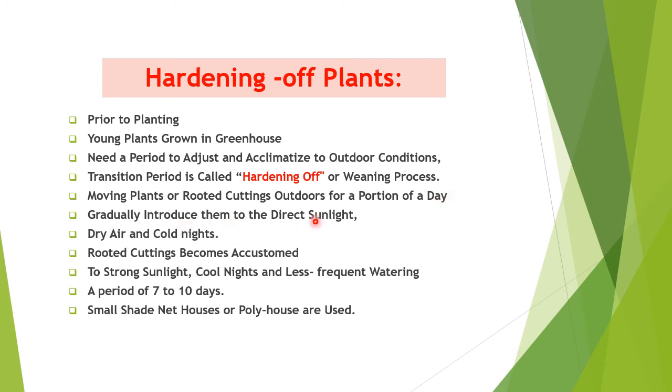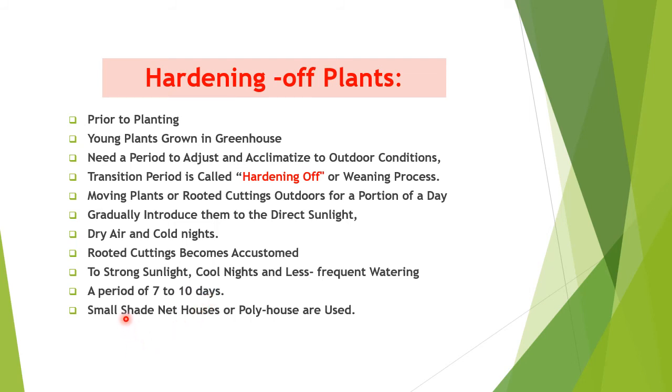Gradually introduce them to direct sunlight. So you are hardening them to dry air and cold nights. Rooted cuttings become accustomed to strong sunlight, cool nights, and less frequent watering, over a period of 7 to 10 days. So that's called the hardening off period.